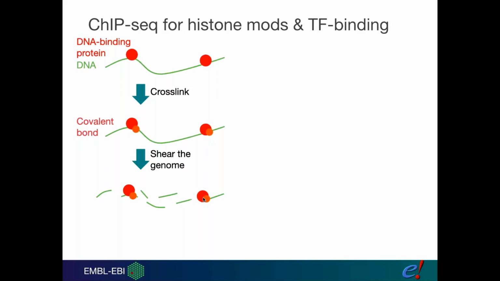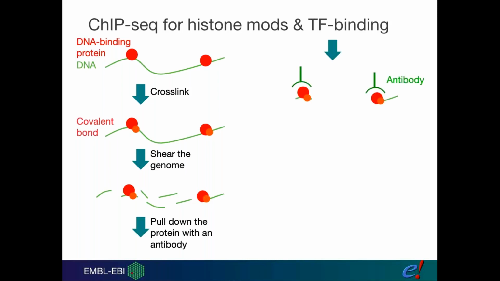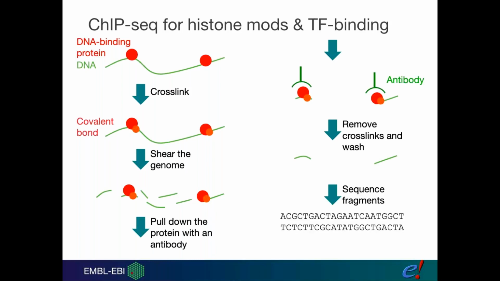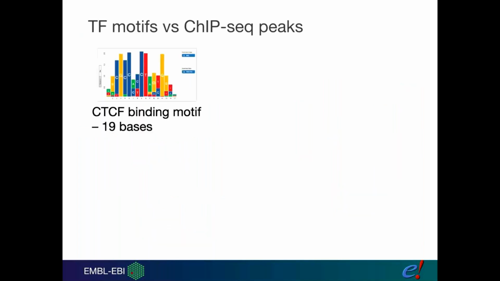You use an antibody to your protein of interest to pull it out, so now you only have the fragments that are bound to your protein of interest. You remove the crosslinks, you wash, you sequence the fragments, you map them back to the genome, you see where your transcription factor is bound. The reason I mention this is because when you look at transcription factor motifs versus ChIP-seq peaks, they are very, very different in size.